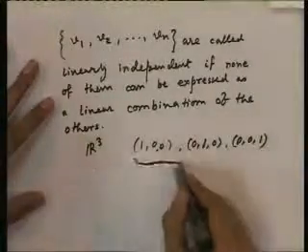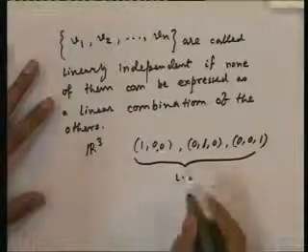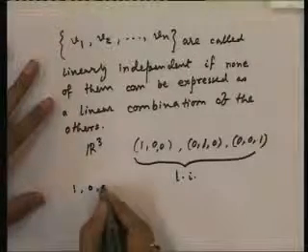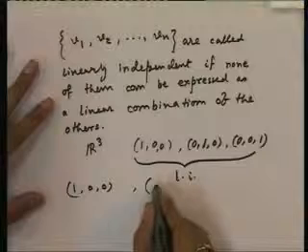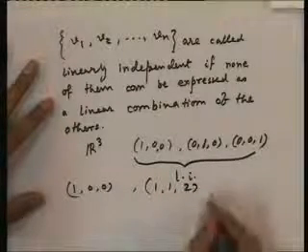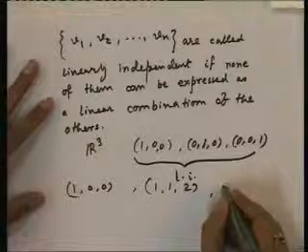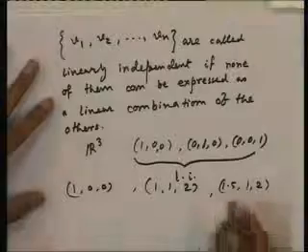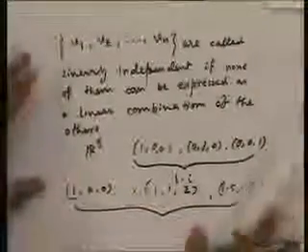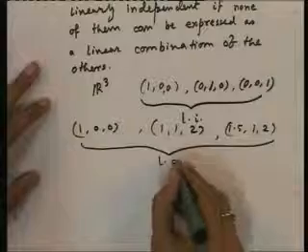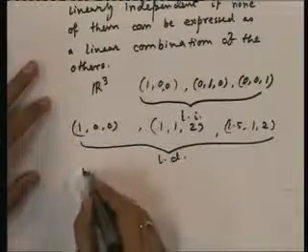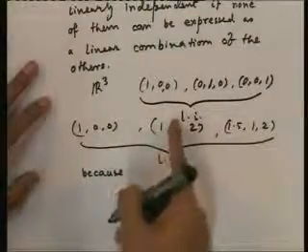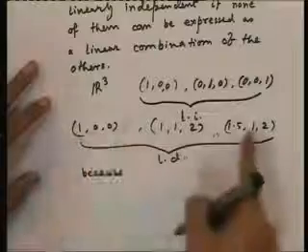So these three points are linearly independent. Whereas if you take 1 0 0, then 1 1 2, and then say 1.5 1 2, these three are linearly dependent, because this vector can be expressed as a linear combination of these two. Similarly, this also can be expressed as a linear combination of these two.